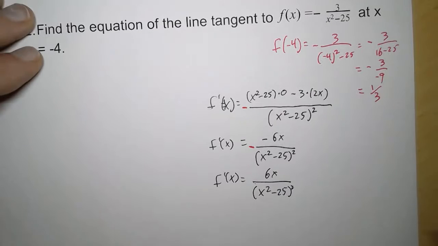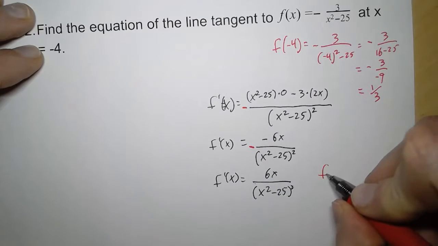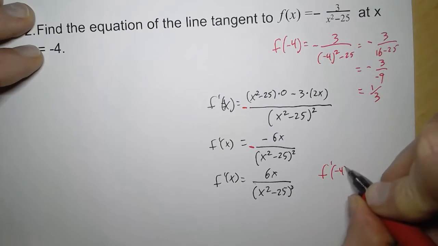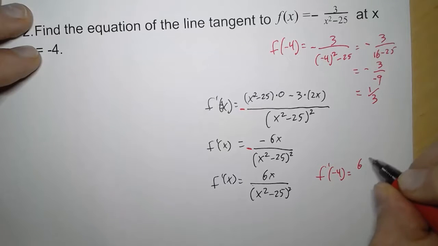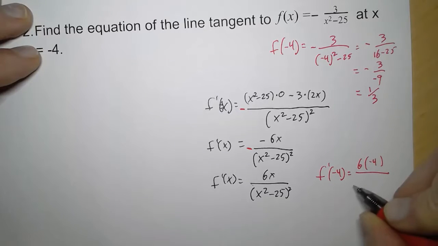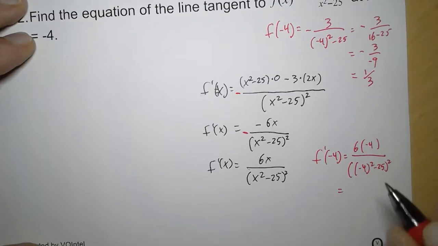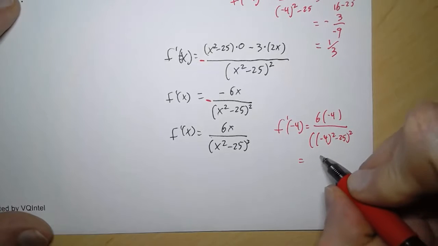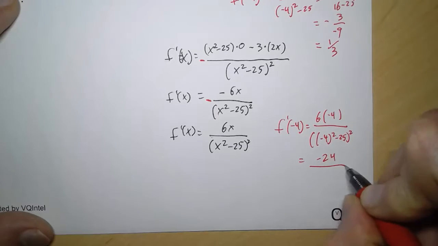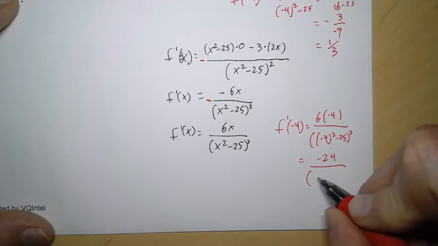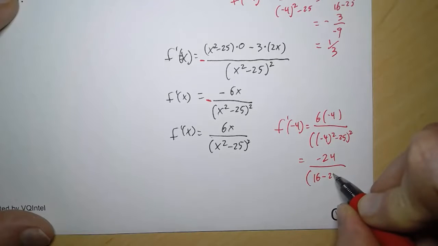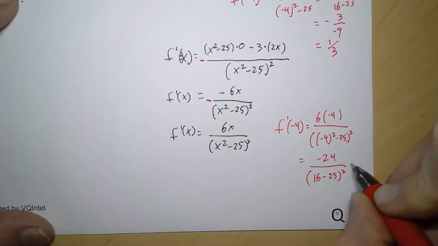So now we'll substitute in negative 4 into f prime. So 6 times negative 4 all over negative 4 squared minus 25, and that quantity is being squared. So on the top, we have negative 24. On the bottom, we have 16 minus 25 squared.